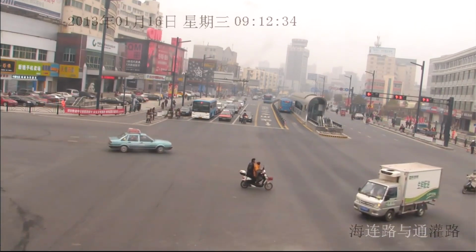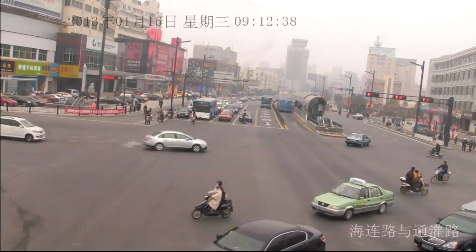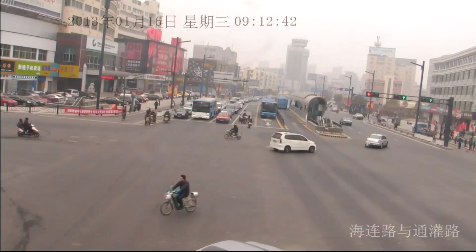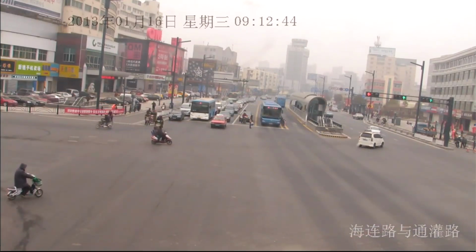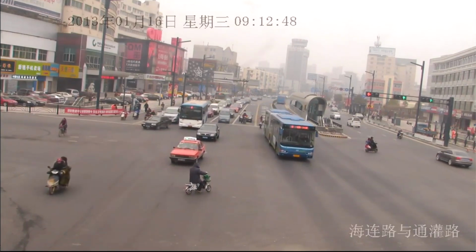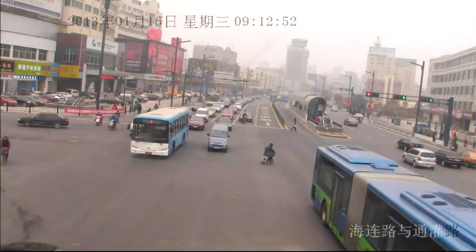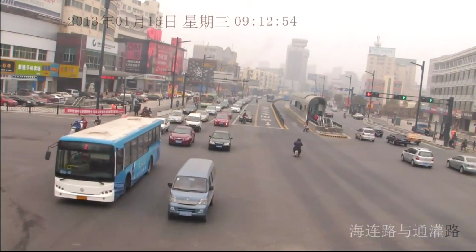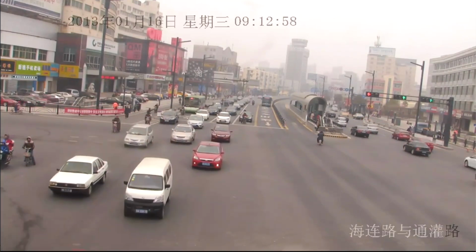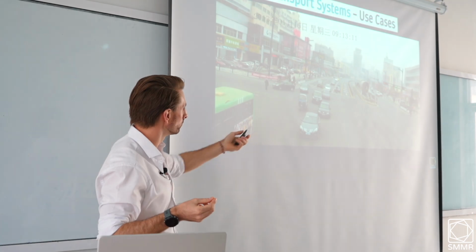So basically, anytime a bus approaches the intersection, the traffic light will know a bus is approaching and will give it a green light. And that means that the bus will move through the network quite efficiently, which makes taking the bus maybe more competitive than driving your car. So that's a vehicle to infrastructure communication that you can have, which is really good.